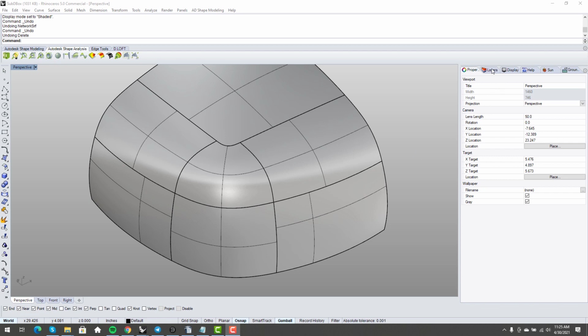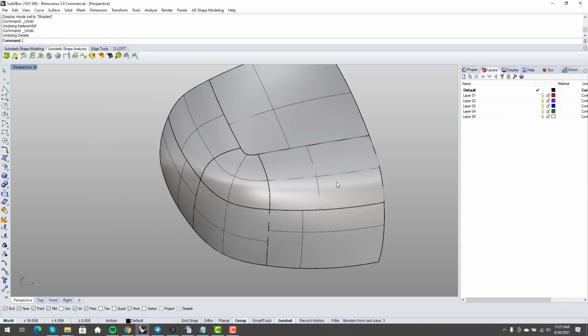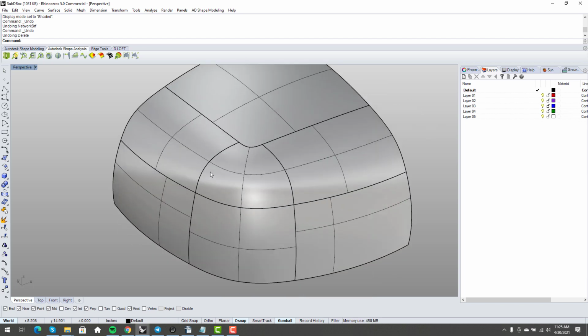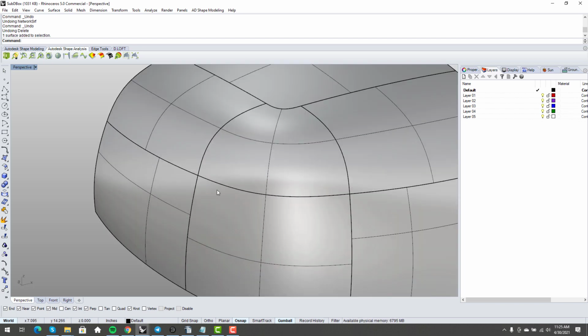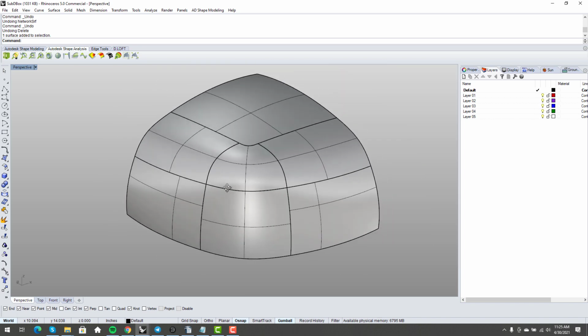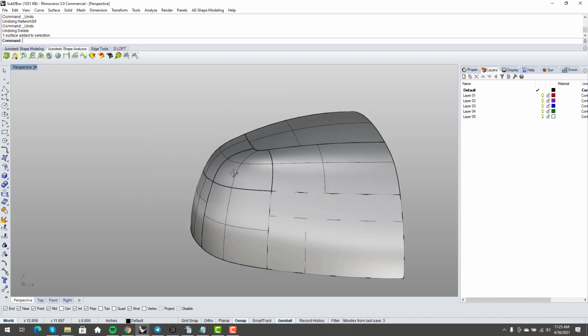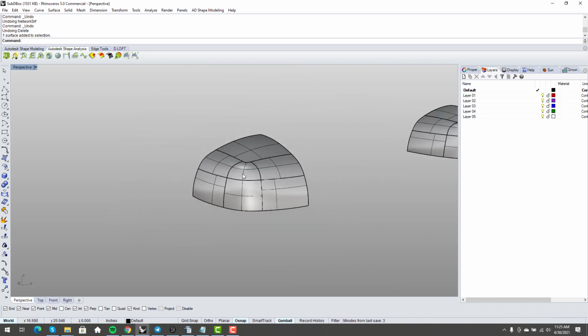So here's one final example of how we can use CurvatureGraph in primary surfacing. We're in 3D now. We've talked about curves a lot. This is the box corner that I did in episode 12, the slightly more complicated one.